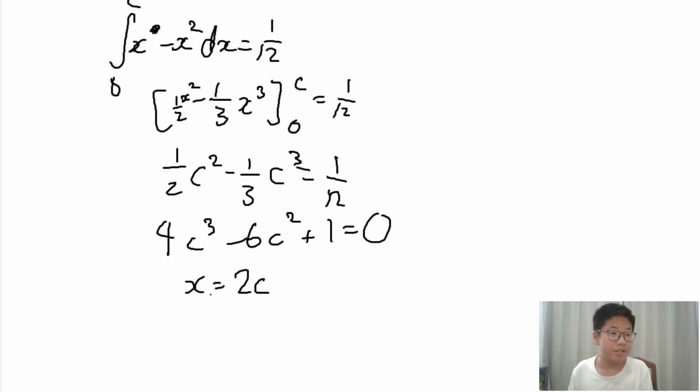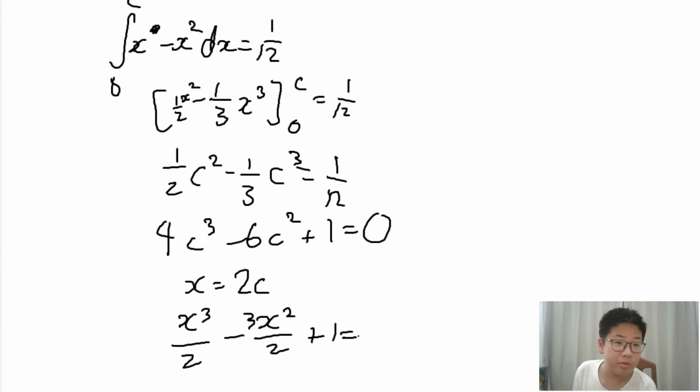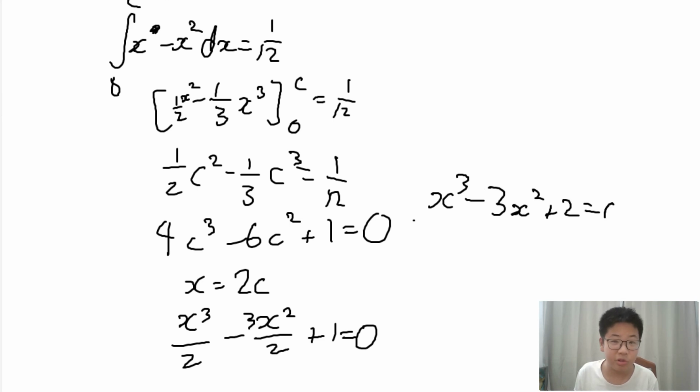This gives x cubed over 2 minus 3x squared over 2 plus 1 equals 0. Yay! So x cubed minus 3x squared plus 2 equals 0. Solving this, by inspection, gives x equals 1. Therefore, c equals half.